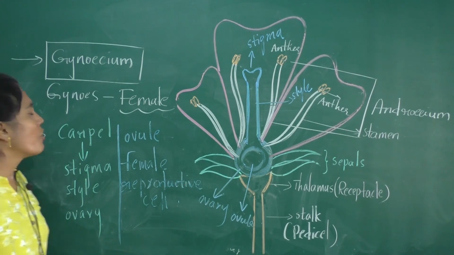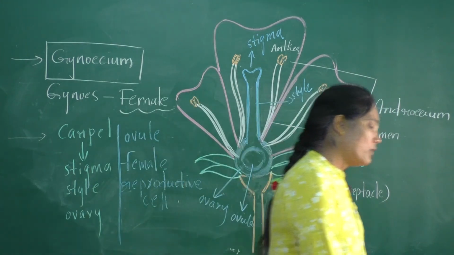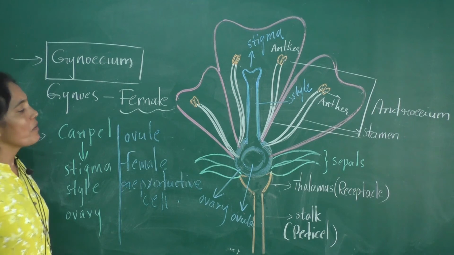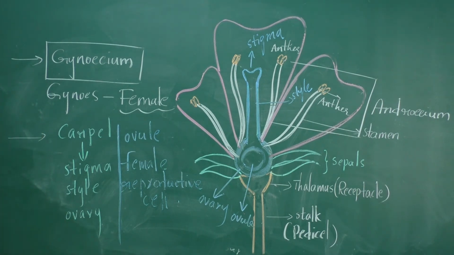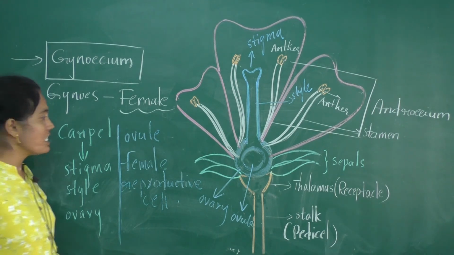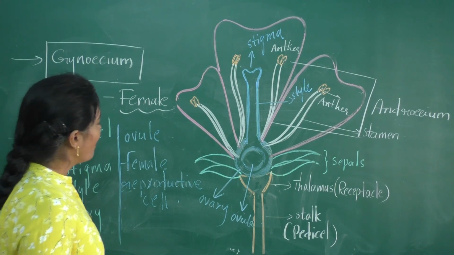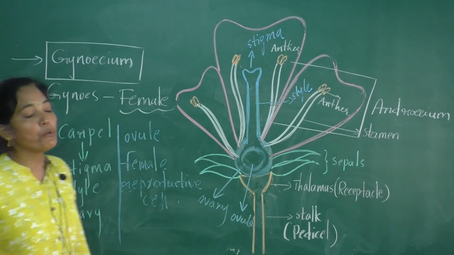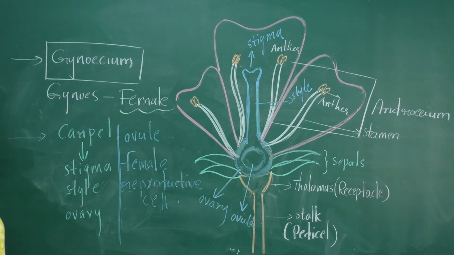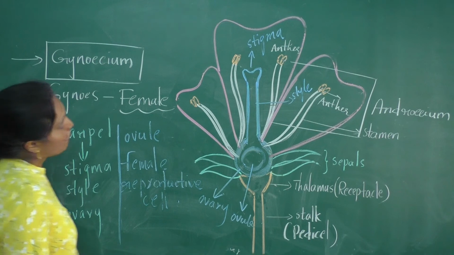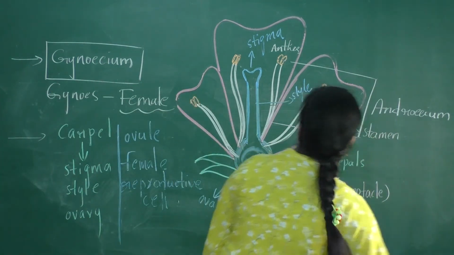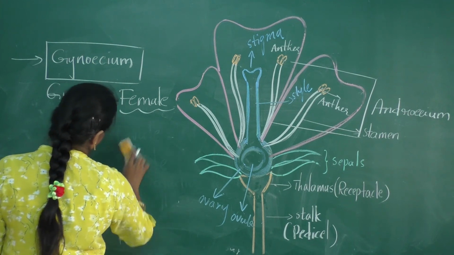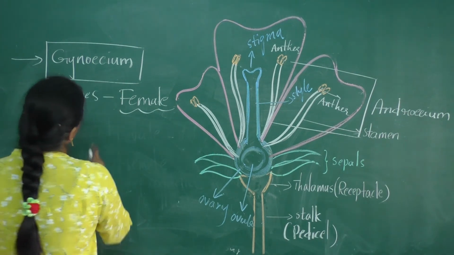This is the normal information. If you are going to attempt any competitive exams, you need some more information. That is, in some flowers the sepals may be fused. For example, mustard flower.